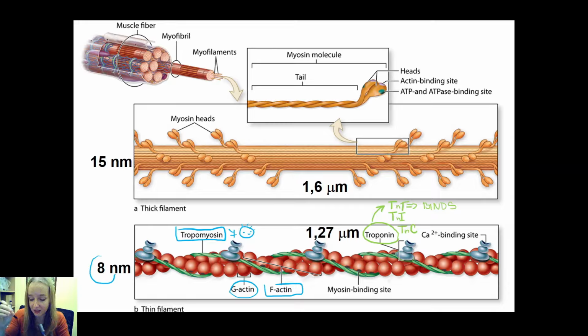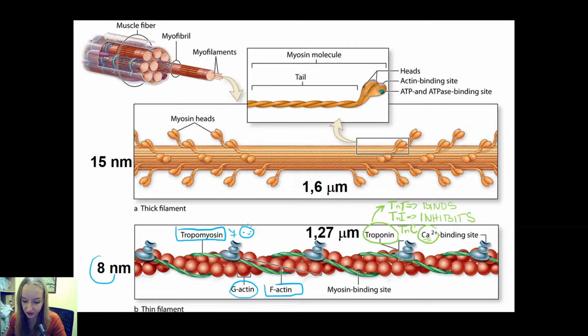And troponin I in the rest state has this conformation that it inhibits binding of myosin onto actin filaments. So I'm going to write it down: inhibits. And troponin C has the ability to bind calcium. Troponin C is for calcium ions over here.